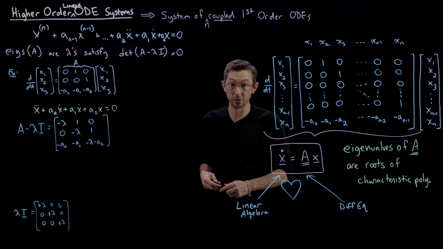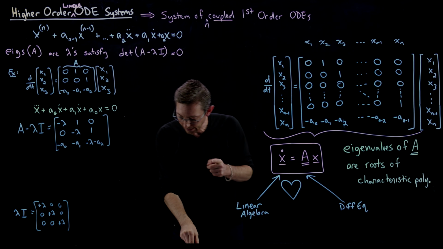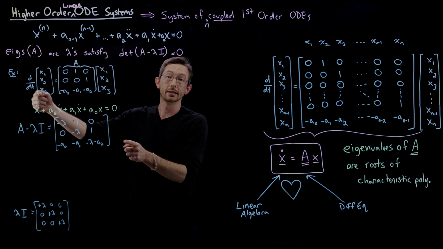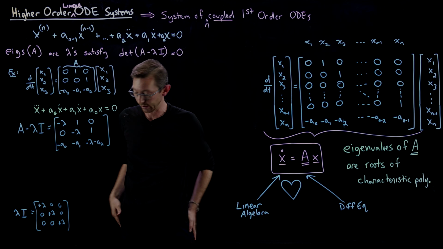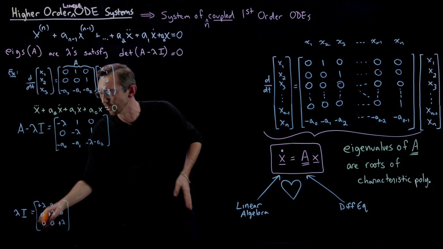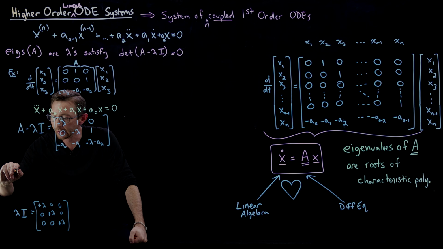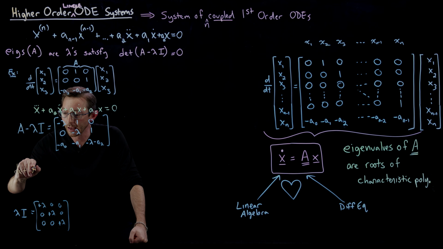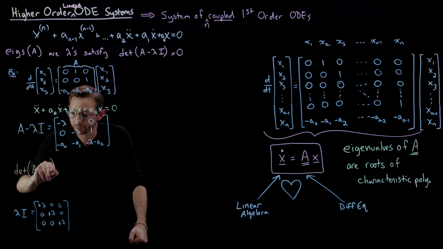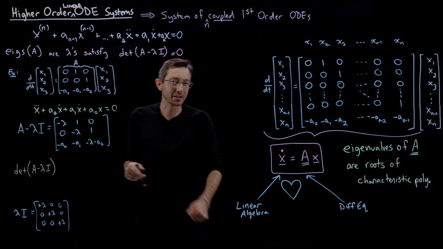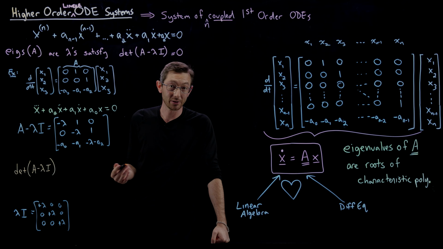Okay, that's not too bad. And now I need to take the determinant of this kind of ugly expression here. Maybe I'll switch colors to orange just to keep things interesting. So the determinant of A minus lambda I. Now, computing the determinant of a big matrix is kind of nasty.